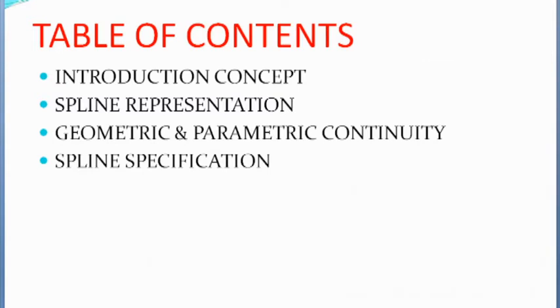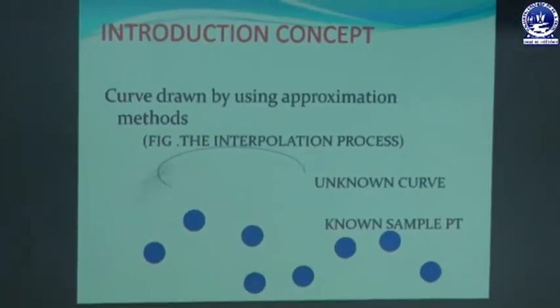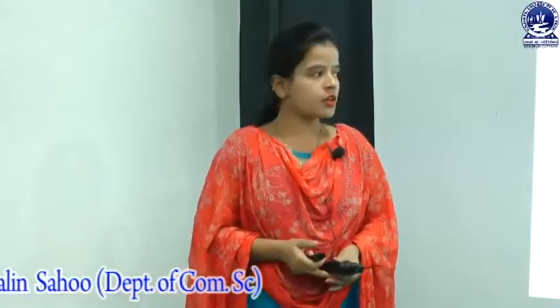So now to start, the introductory concept of interpolation. Interpolation is used to draw a curve by using approximation methods. As you know, in previous lectures we learned the concept of a curve.